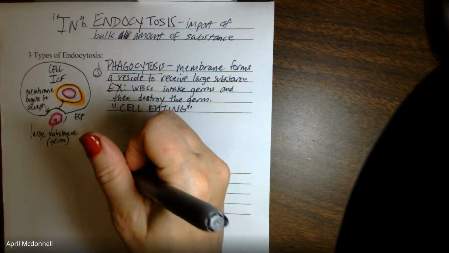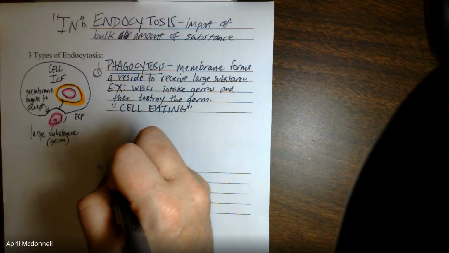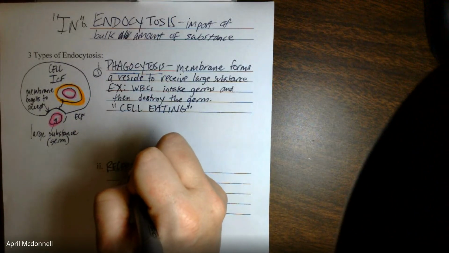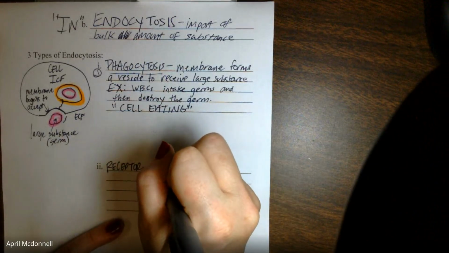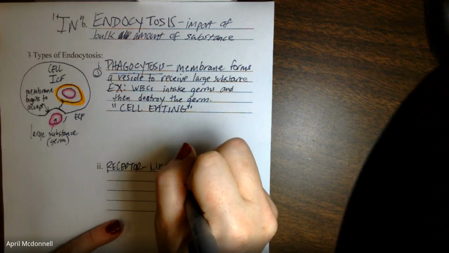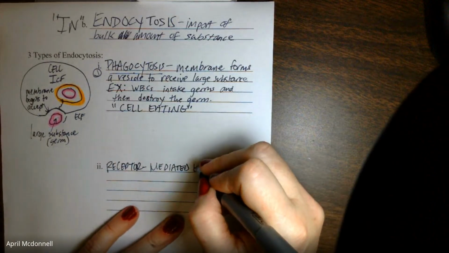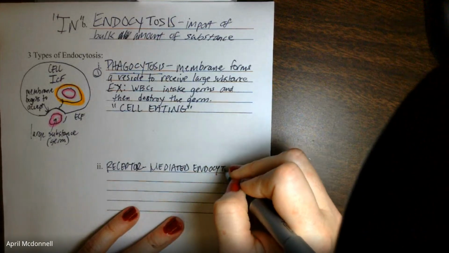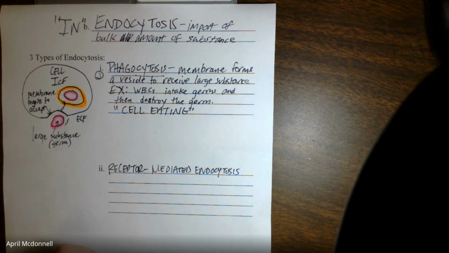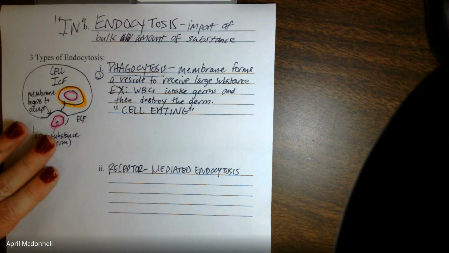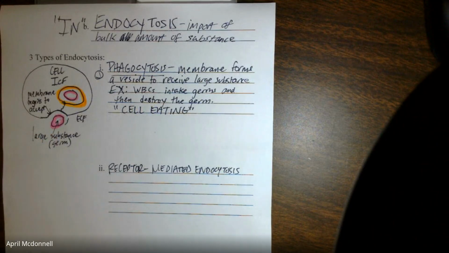The next type of endocytosis is called receptor mediated endocytosis. Receptor mediated endocytosis is going to involve a receptor protein, which is found on the surface of the cells.